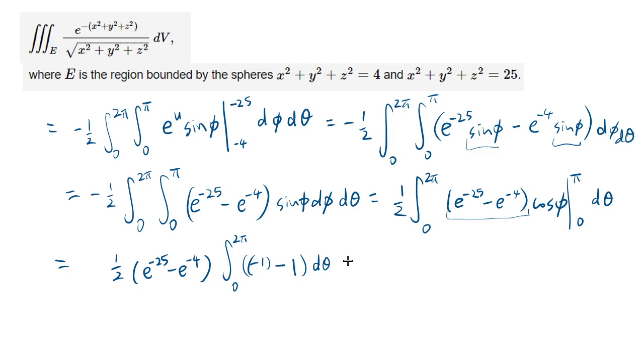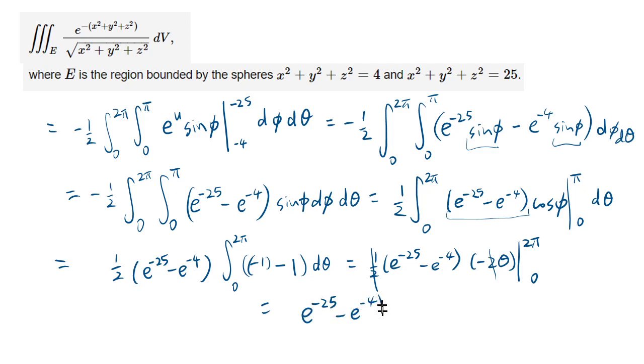And integrating negative 2 gives you negative 2 theta, right? So you have 1/2 e to the negative 25 minus e to the negative 4 times negative 2 theta, and for theta you have to plug in 2 pi and 0. 2 and 2 cancel, and when you plug in 2 pi, that's just 2 pi. When you plug in 0, that's nothing. So you end up with e to the negative 25 minus e to the negative 4 times negative 2 pi.